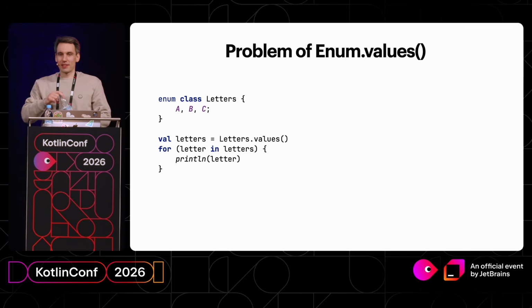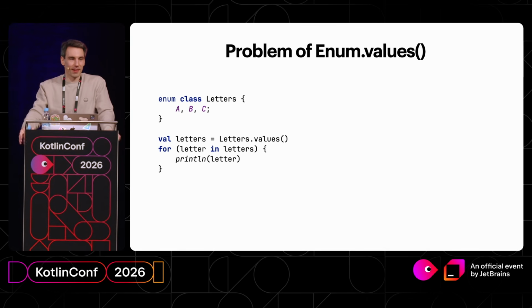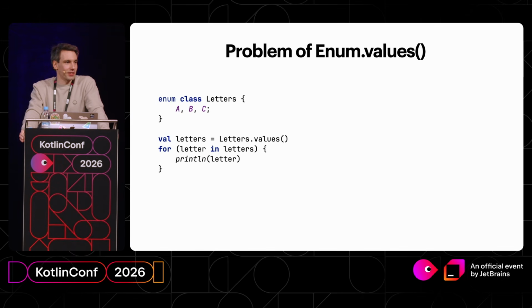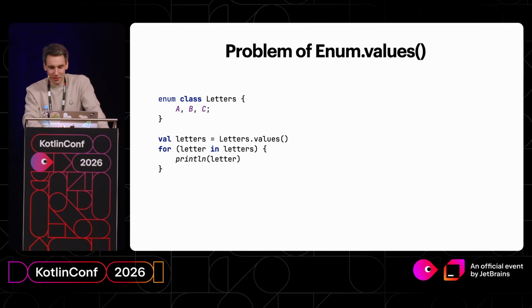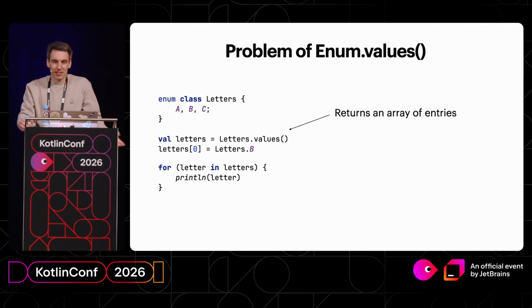So the problem is that it was designed many years ago, and it was decided that values returns an array. And arrays are mutable by default. You can change elements in it. And you can imagine that if you return a mutable array of enum entries that you can change anywhere, that's not a good thing, because you can just assign a new element, and everything will break.